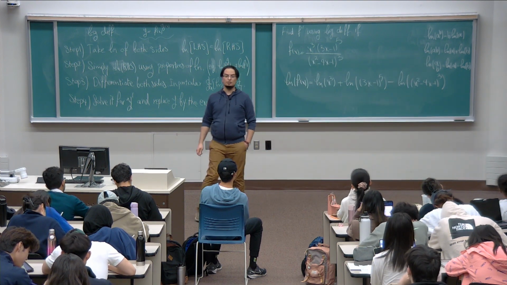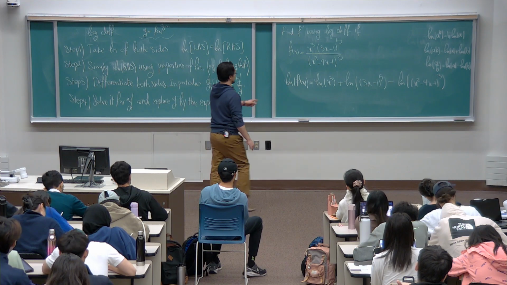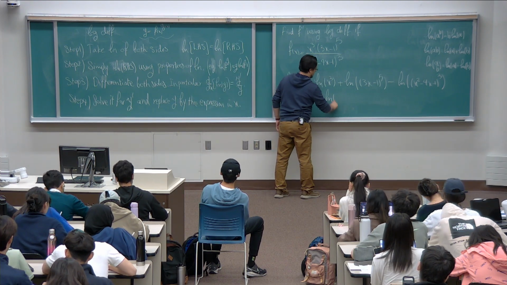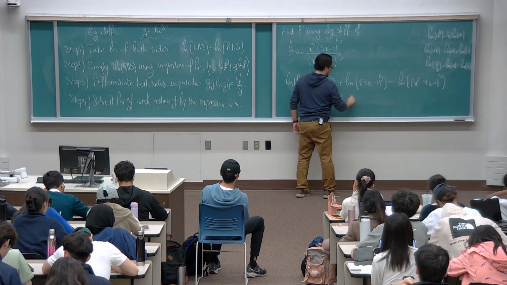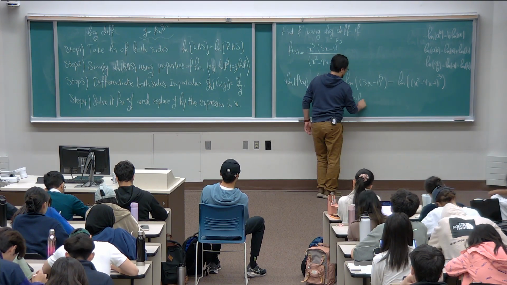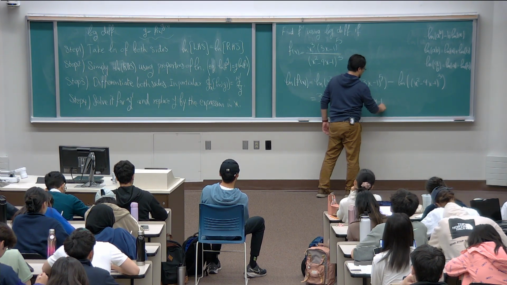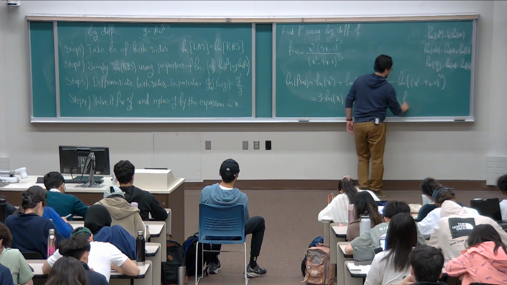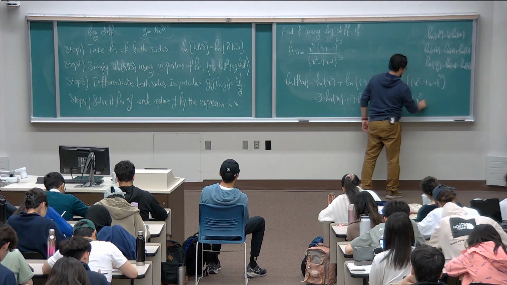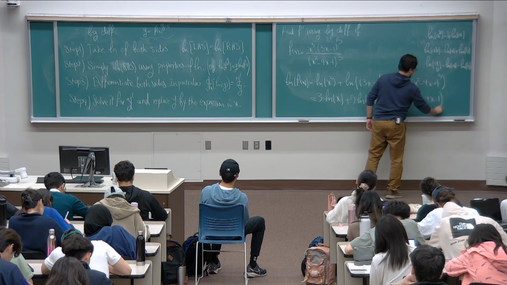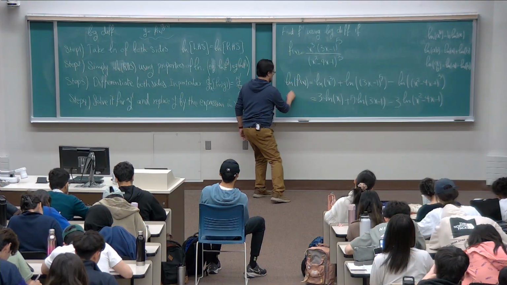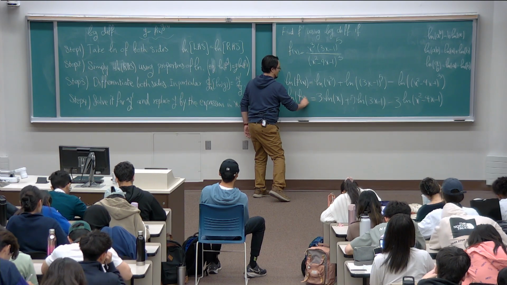I can actually do one more simplification. This 3 can come up right there. That 5 can come down, and we get this one. And that 3 again will give me that one. So this is ln of f of x.